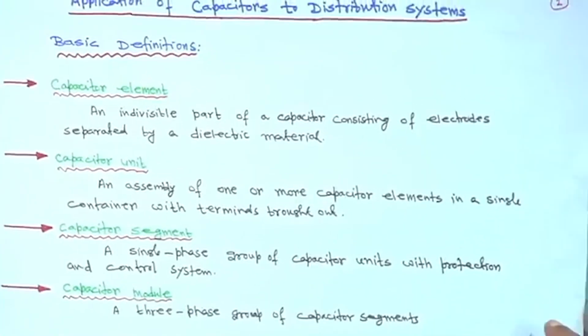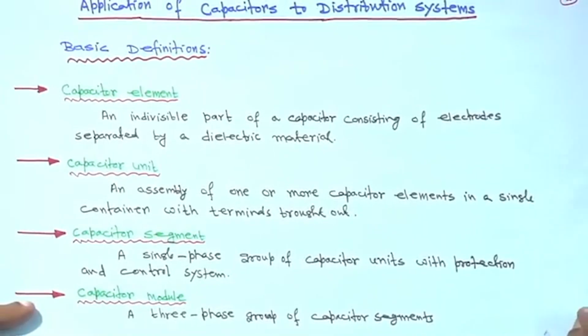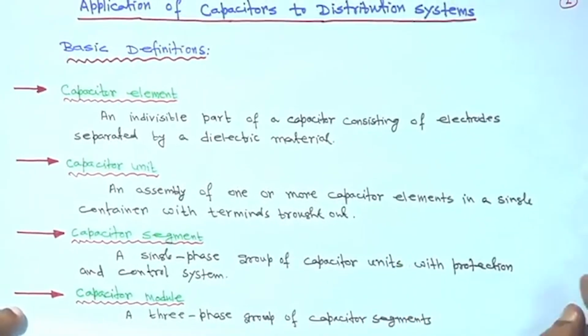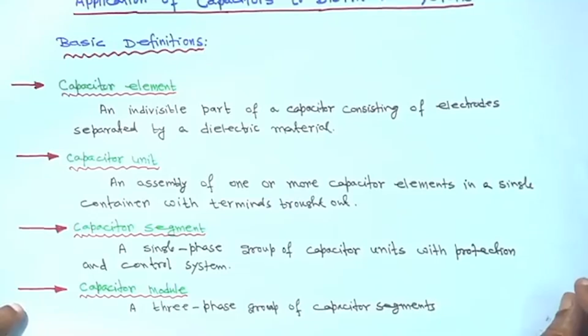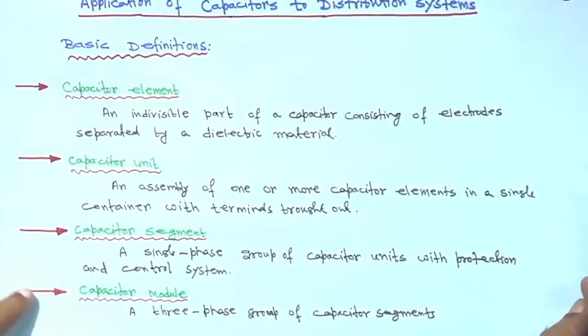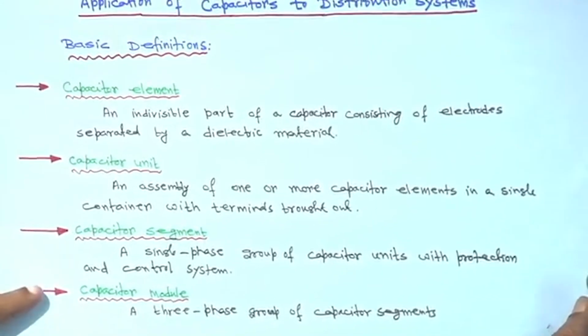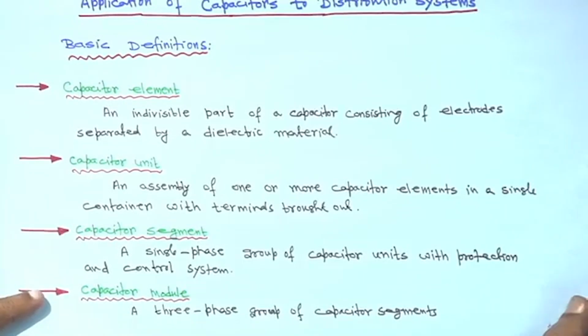In this course, we will only talk about the application of capacitors in distribution systems, particularly from the point of view of how to incorporate them in load flow studies, and what the voltage magnitude and the power loss will be, and the energy saving due to capacitor placement.